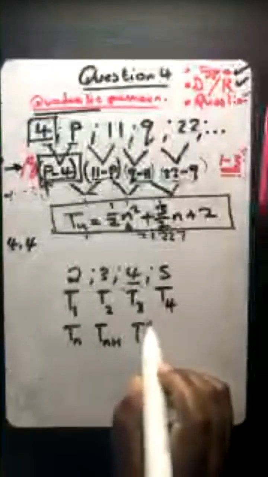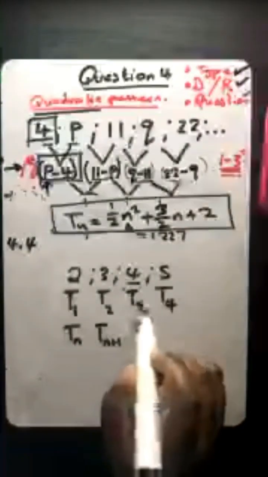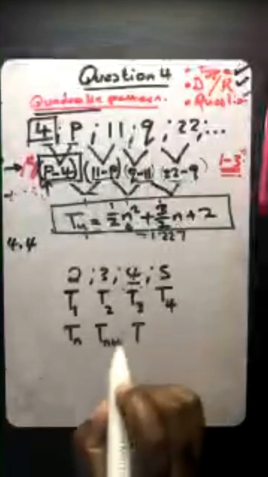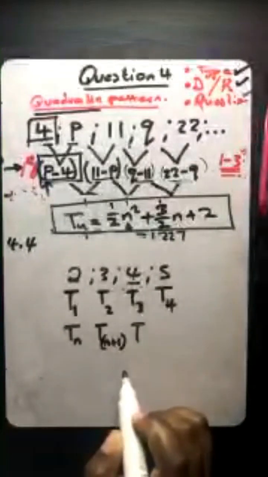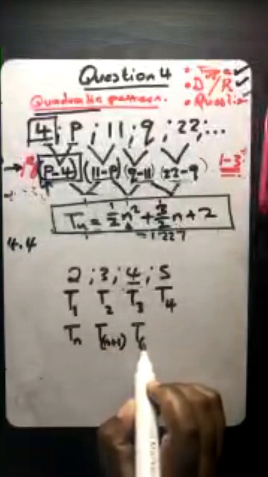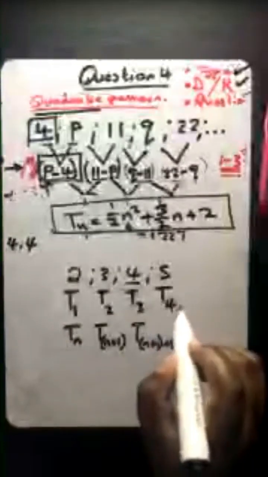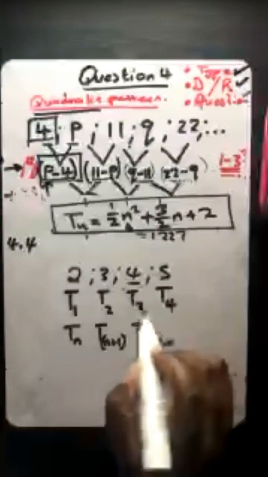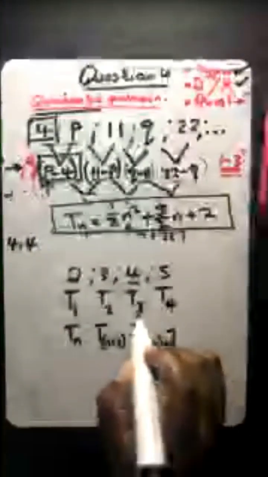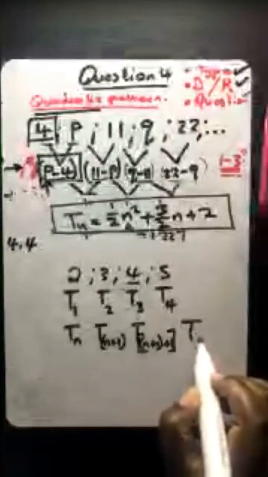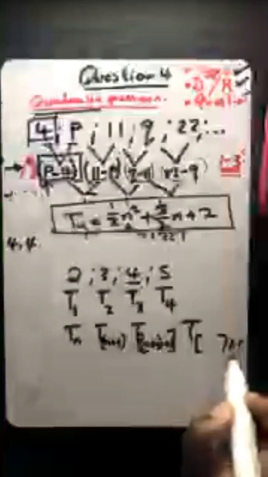So if it's term number 2, that means this one is going to be term number 3, because that is term number 2, you plus it by 1. So that one being term number 4, it's actually the whole of that, because the whole of that represents term number 3. So it's actually the whole of that plus 1.